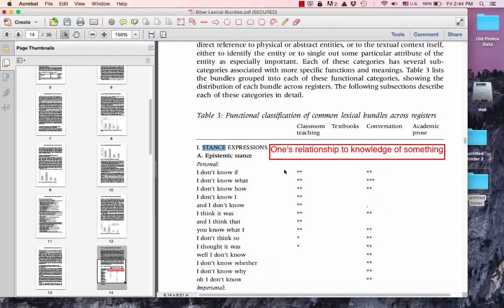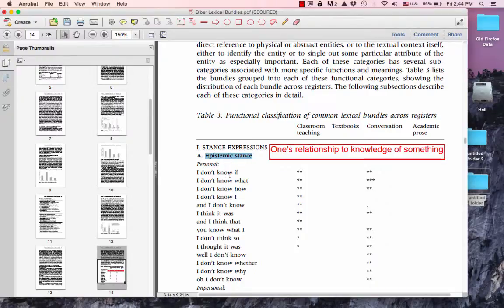Okay? And epistemic stance means, I put the definition here because I think if you're not all familiar with the word epistemic, I even had to look it up. So epistemic talks about the source of knowledge or the nature of knowledge.